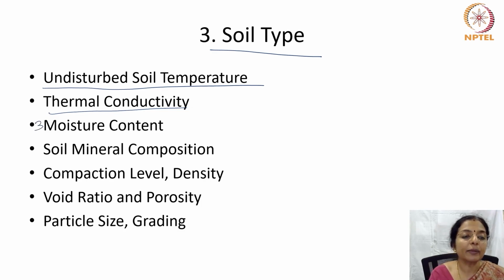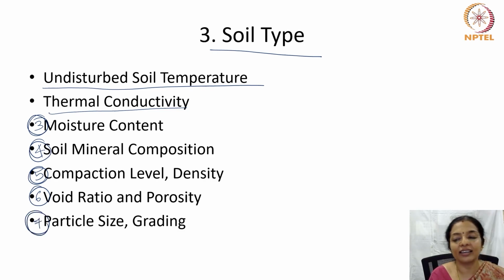Third aspect is moisture content. Fourth is soil mineral composition. Fifth is the compaction level or density of the soil. Sixth is void ratio and porosity. Seventh is particle size and grading. So these criteria of soil are very important.